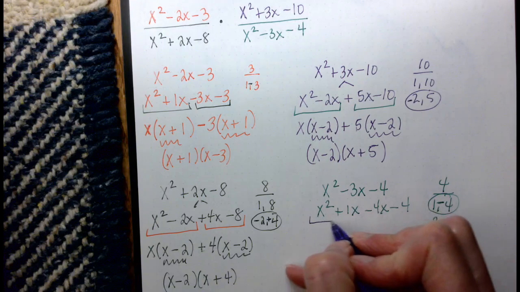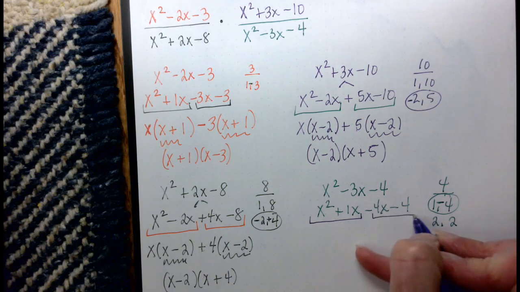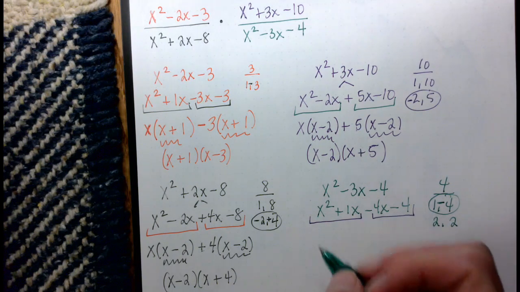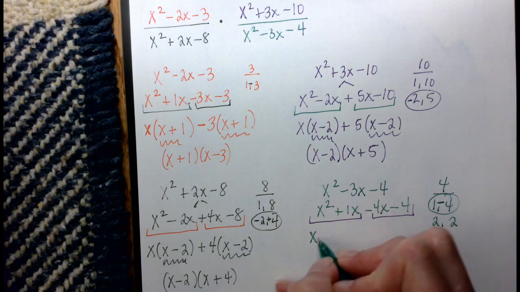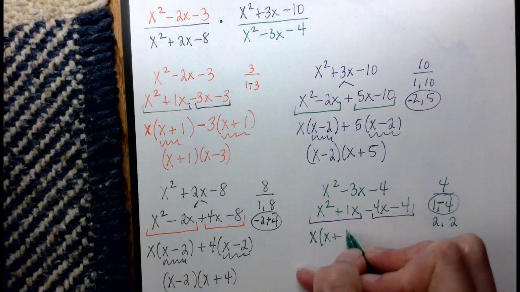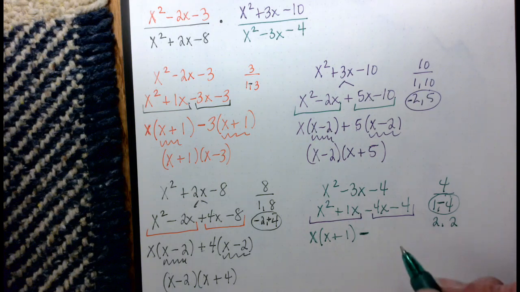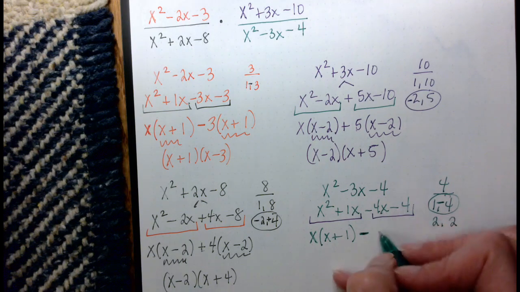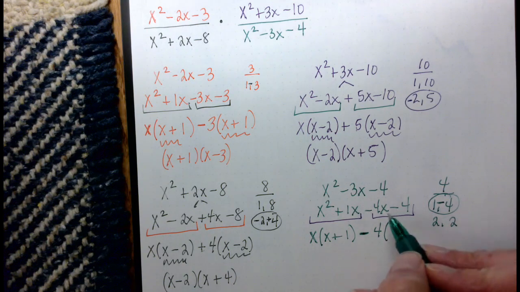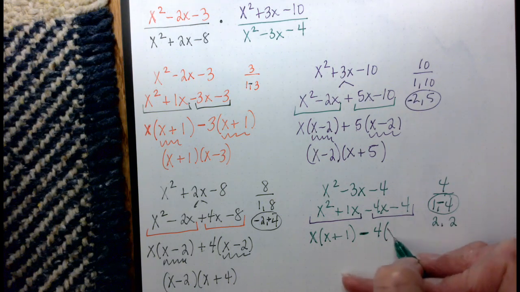When we group here, the greatest common factor in the first group is an x, and then we're left with x plus 1 minus, really important to write that minus, greatest common factor is a 4. Negative 4x divided by negative 4 is x.